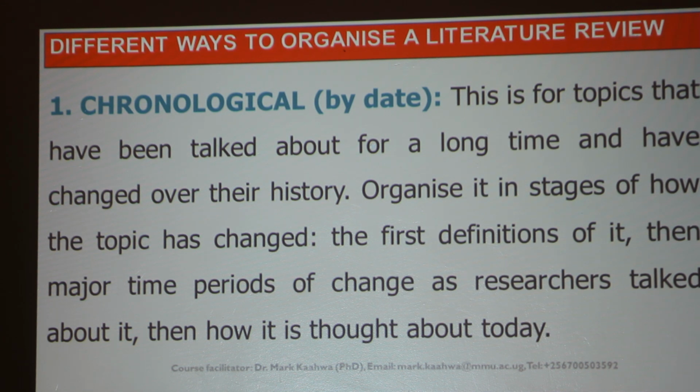First the first definitions, then the major time periods of change as researchers talked about the topic, then how it is talked about currently. So you follow that kind of chronology.